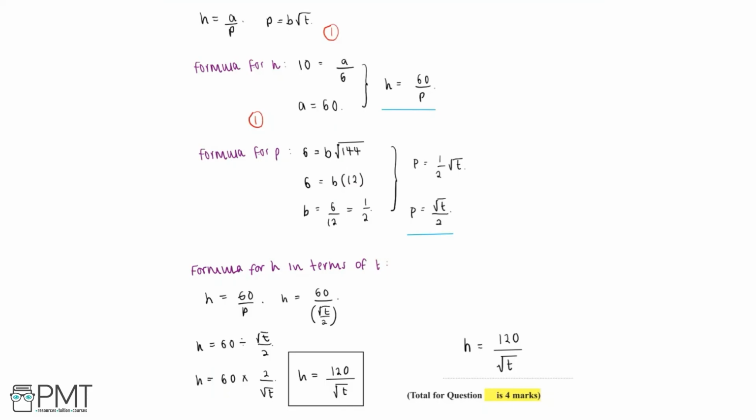Now we get the third mark for finding that h is equal to 60 over p, and for finding that p is equal to root t over 2. And finally, we get the fourth mark for substituting our formula for p into our formula for h, and for getting a final answer that h is equal to 120 over root t. And so we've now achieved the full 4 marks needed in this question.